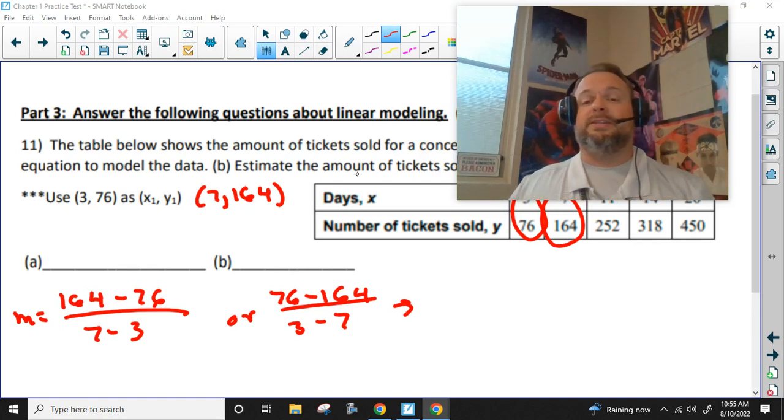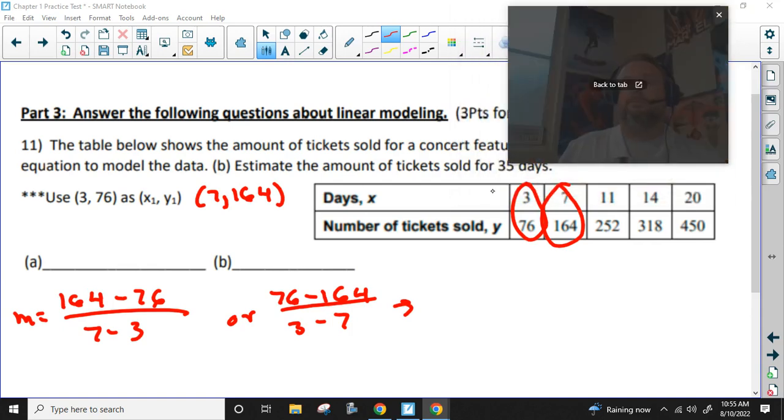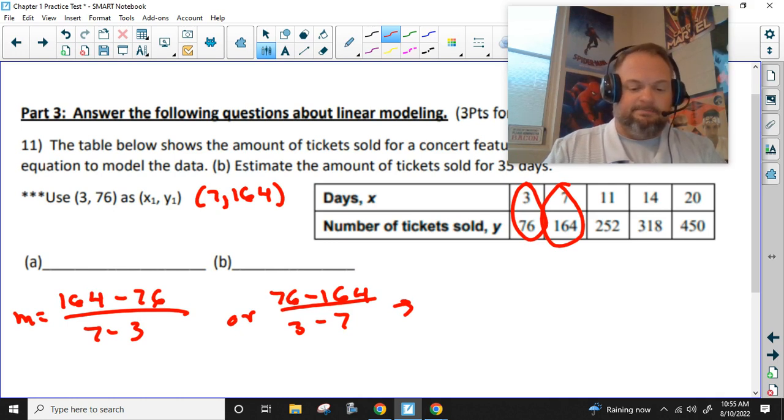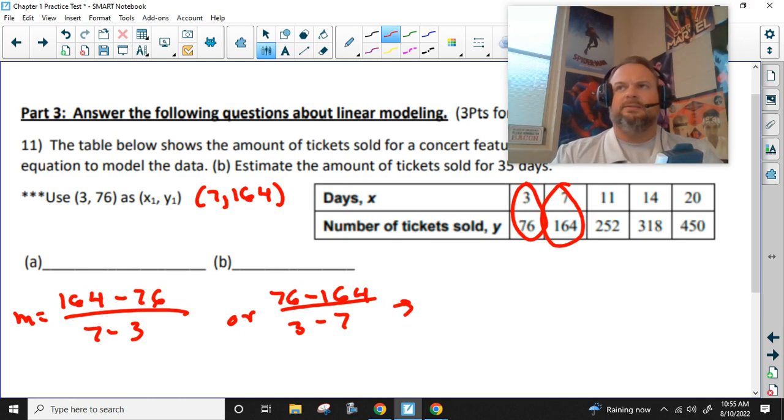What did you use instead of the 7 and the 164? You use this one? Okay. Let me double check it. Okay. I have to come see that because I actually got the same thing.